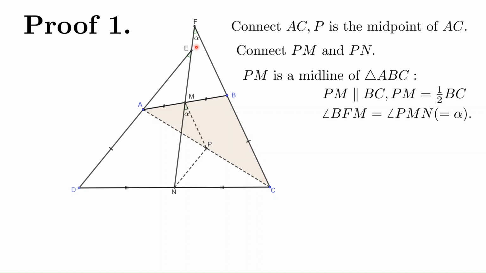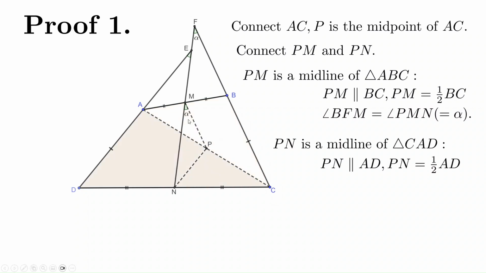Moreover, because of the parallel relation, one of the target angles, BFM, is corresponding to PMN. So they are congruent, labeled as alpha. Similarly, PN is the midline of triangle CAD.